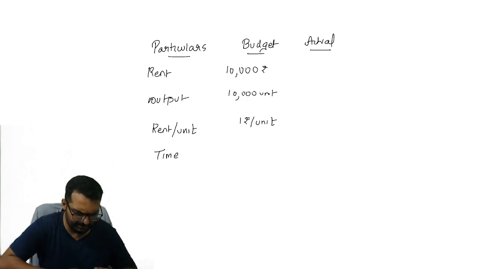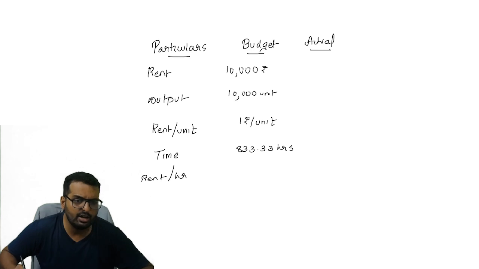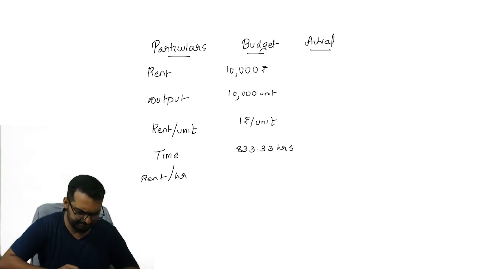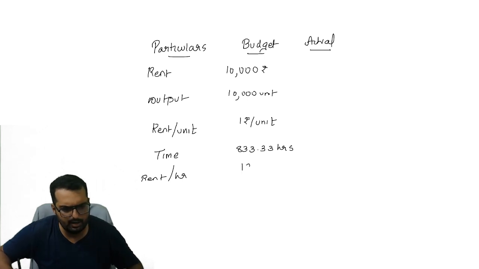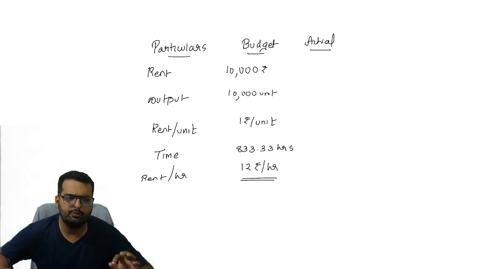That's what we told earlier, right? So, friends, in order to make 10,000 double omelettes, the time required will be 833.33 hours. Am I right? So, if I am absorbing rent based on hours, it will turn out to be 12 rupees per hour. Am I right?